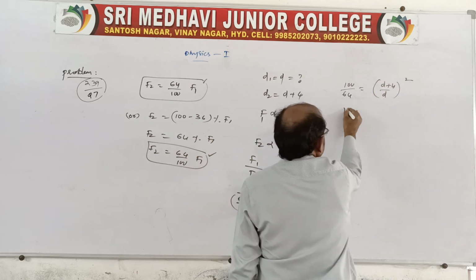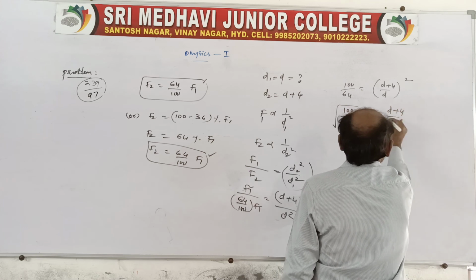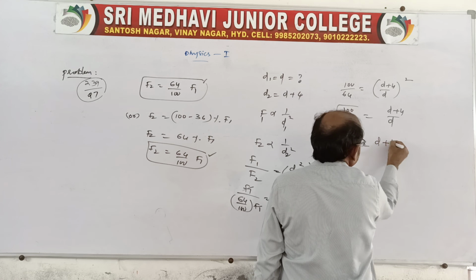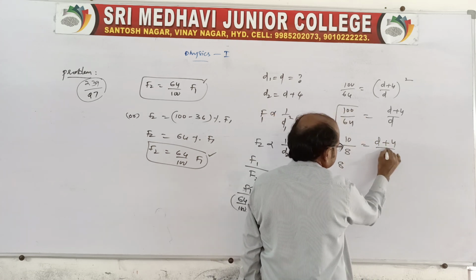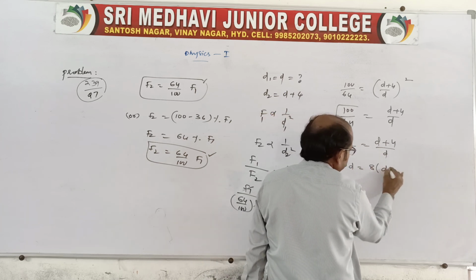Now taking the root on both sides, 10 by 8 is D plus 4 by D. Cross multiply: 10D is equal to 8 of D plus 4.